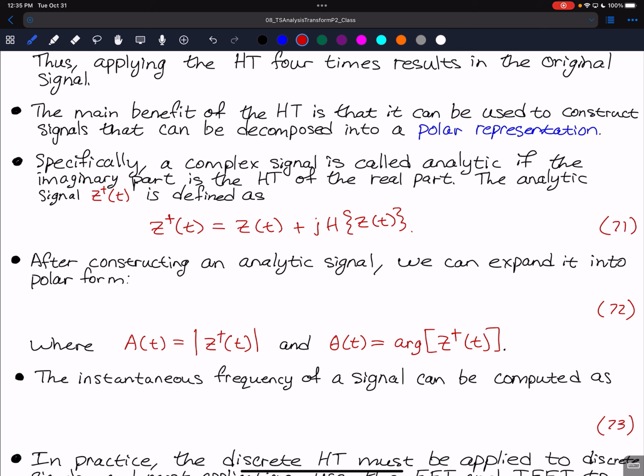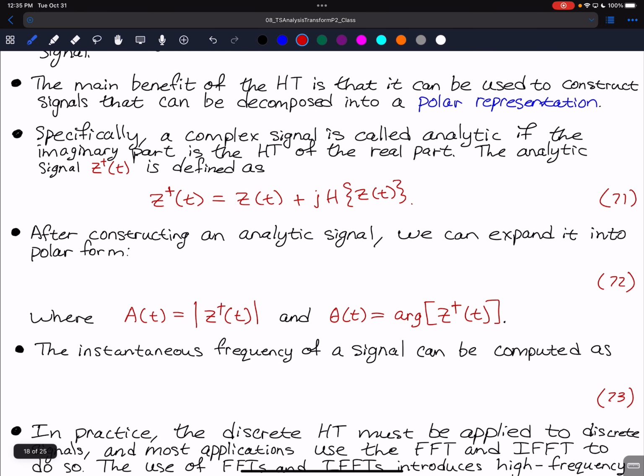The real benefit of this is that after we construct this analytic signal, we can then expand it into a polar form such that z dagger of t is equal to some amplitude a(t) times e to the j theta(t).